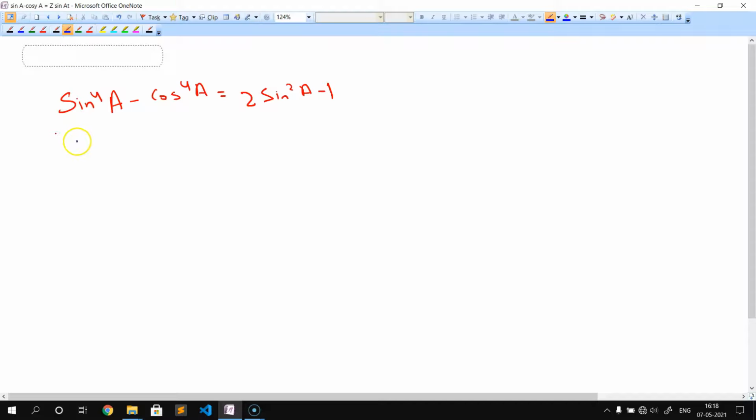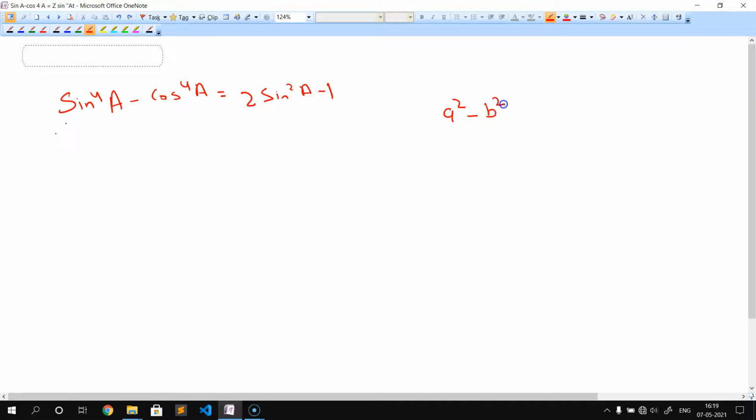In this question we can see that here it's sine to the power 4 A minus cos to the power 4 A, which is equal to 2 sine square A minus 1. Here we can see that we have to transform the power and disappear this cos. So let's see how to do it. We will apply this formula.